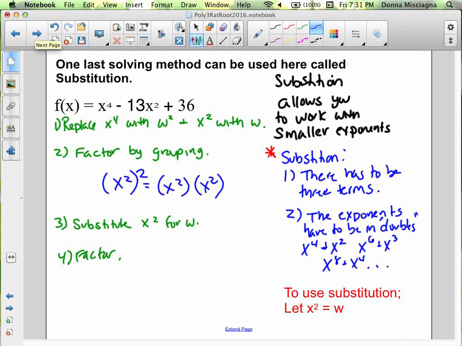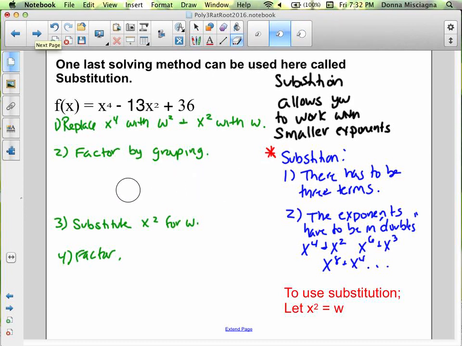Well, x squared times x squared is x to the 4th. Right? So since w is replacing x squared, w squared is going to replace x to the 4th. Because x squared squared is x to the 4th, right? So that means w squared is going to be x to the 4th.